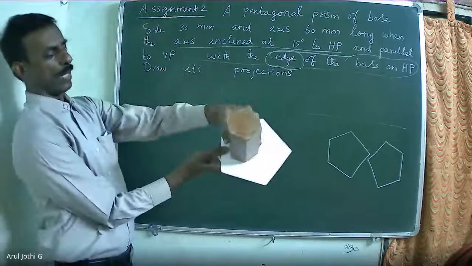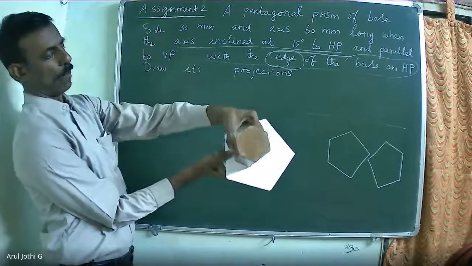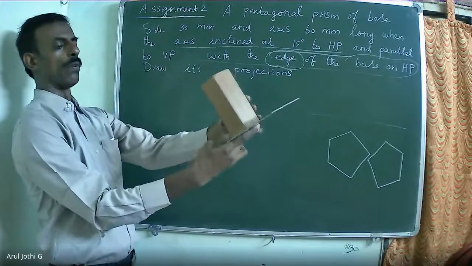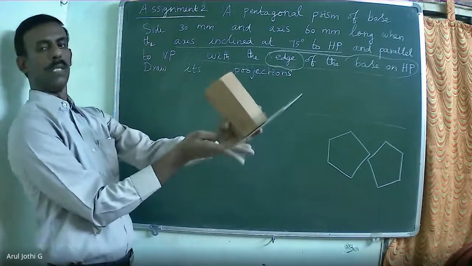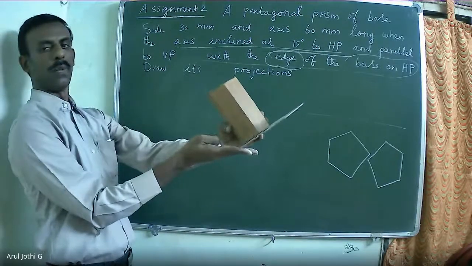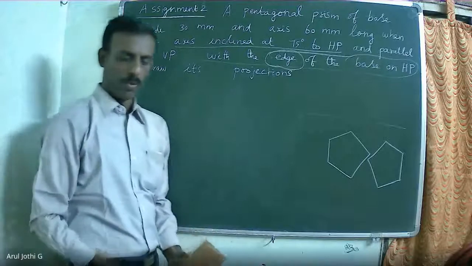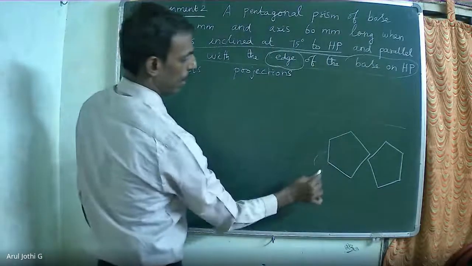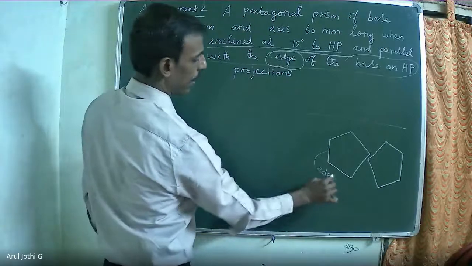Keep one side of the pentagonal prism perpendicular to VP. Then rotate the front view so that the edge of the base, this side, will be resting on HP. So which one will be the correct one in this case? In this orientation, the edge of the base will be resting on HP.